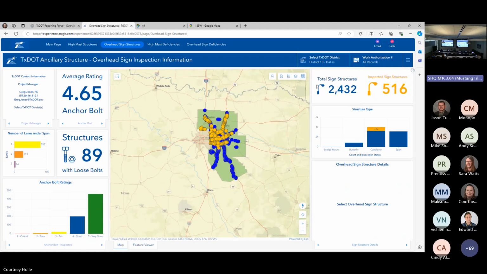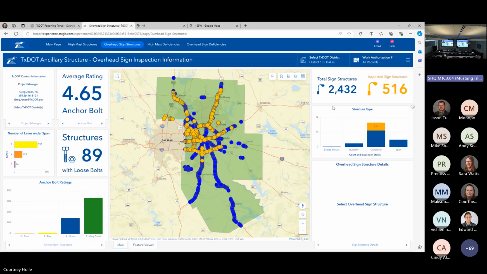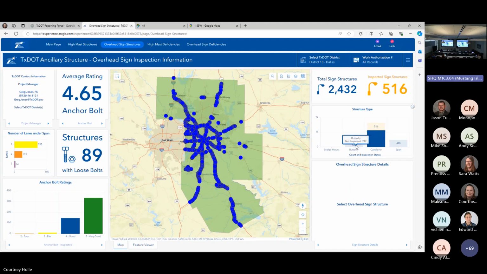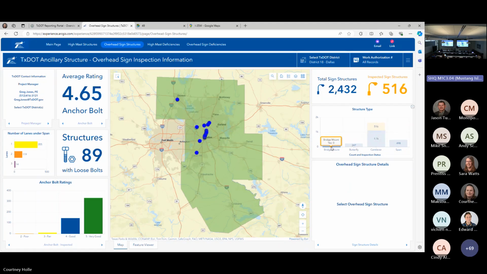Let's zoom into Dallas here. In Dallas, we've got 2,400 sign structures, and for spans, these are the sign bridges, these are the cantilever, these are the butterfly, and then there are a few bridge mount signs right there.